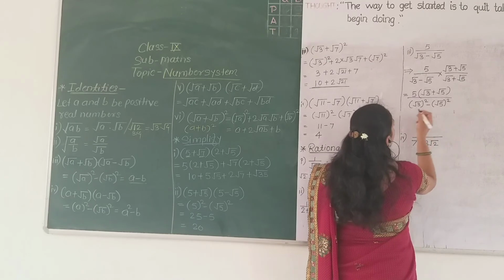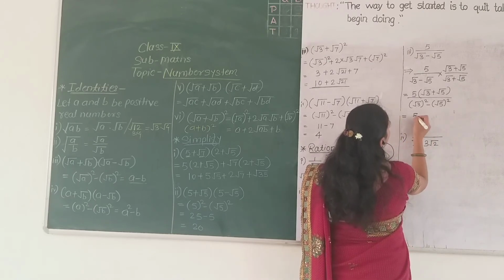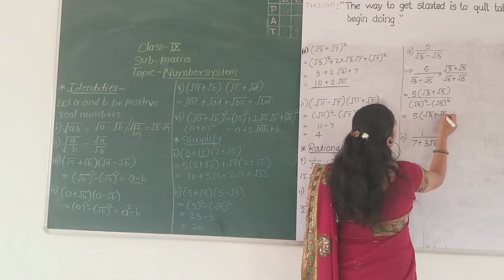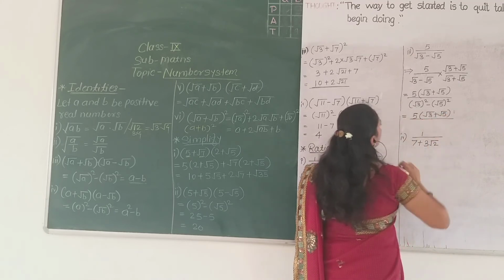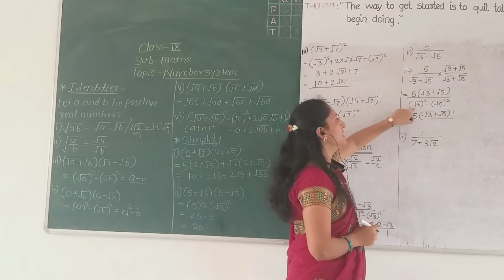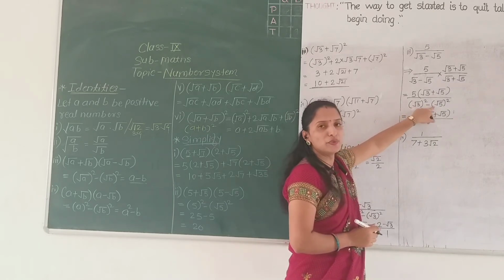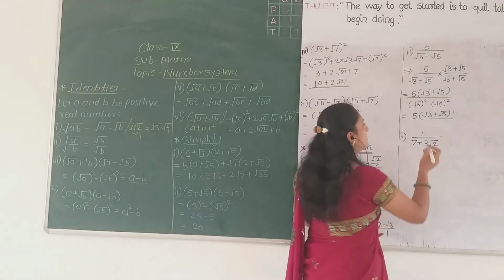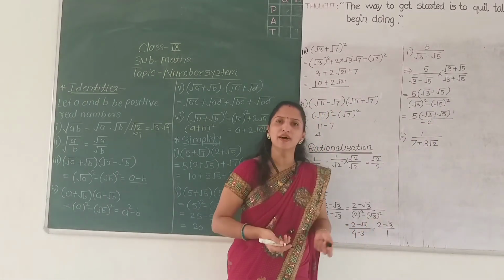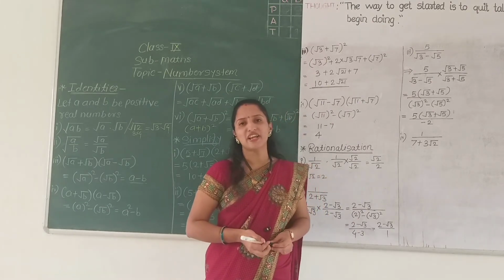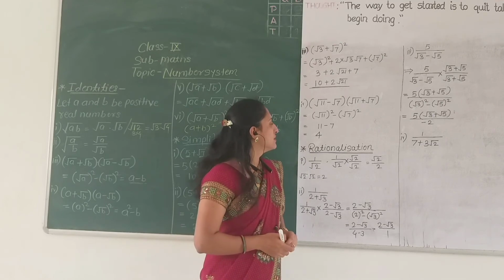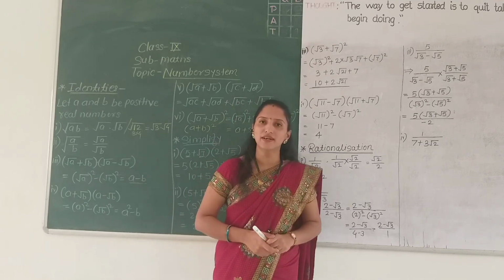So what will we get here? 5 in bracket root 3 plus root 5, upon, in the denominator, root 3 square is 3, root 5 square is 5, so 3 minus 5. Now 3 minus 5 is negative 2. Is negative 2 a rational number? Yes, it is a rational number. So do you understand how to rationalize the denominator?